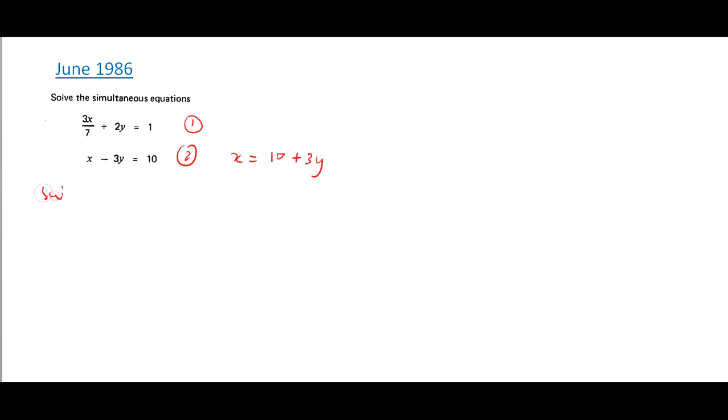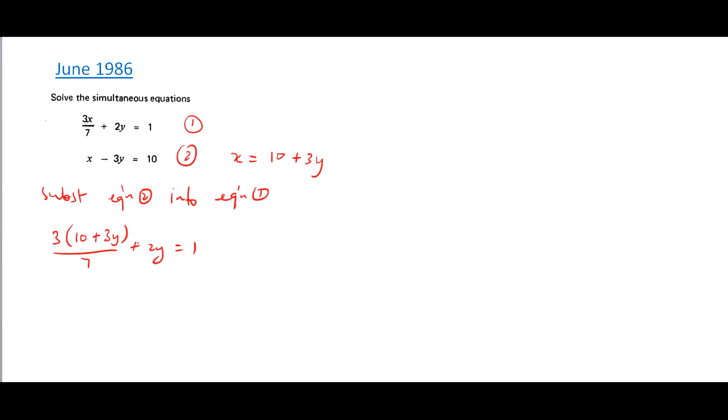So substituting equation 2 into equation 1, I'm going to end up with 3 open brackets 10 plus 3y all over 7 plus 2y is equal to 1. Now when a student sees this, they get confused and they have no clue what to do.